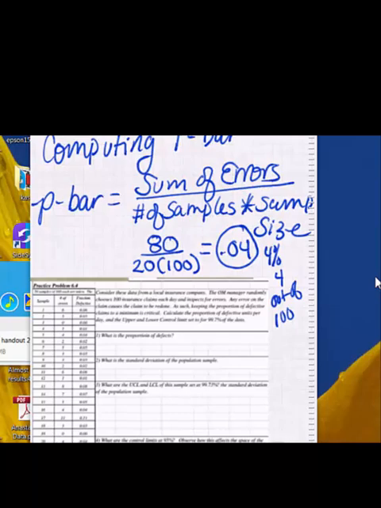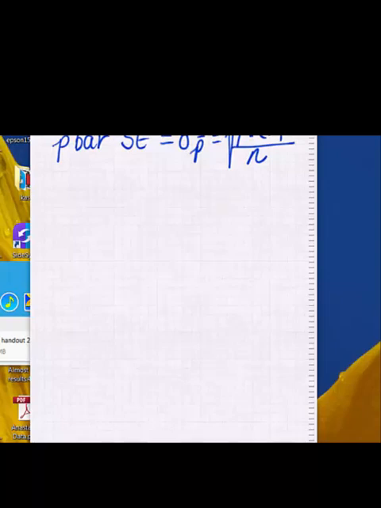So now we need to move down to take a look at the standard error. So we want to compute the standard error for P bar. We compute that as the square root of P bar times 1 minus P bar over N, where N is the sample size.